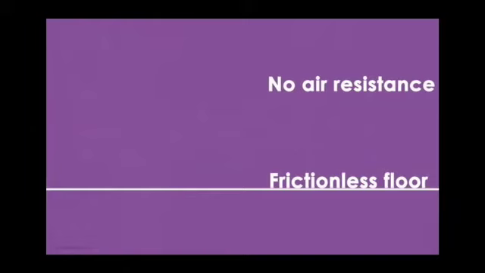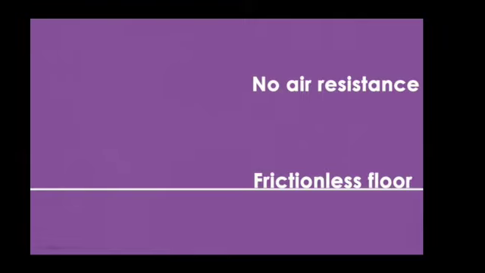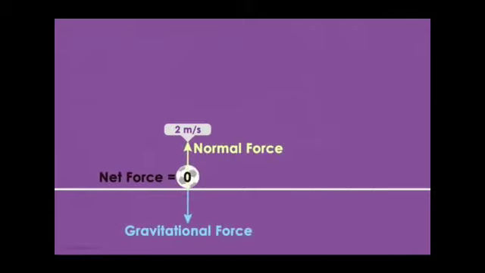Imagine that this straight line is a frictionless floor and there is no air resistance. The ball is moving from left to right at a uniform velocity of 2 meters per second. Now, only two forces are acting on it, gravitational and normal force, and the net force will be zero.